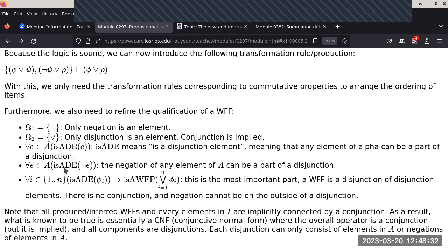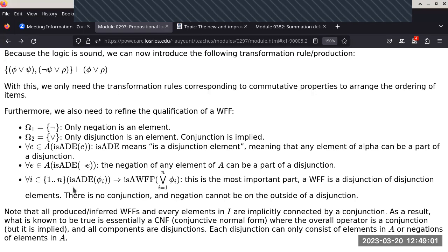All right. So with all of that done, we have this notation here. Once again, it is important to know how to read universal quantifiers, because in this case, I basically say, assuming we have a set from 1 to n, 1, 2, 3, all the way up to n, and i is an element, for every element i in the set of 1 all the way up to n, if phi of i is a disjunctive element, in other words, I have n disjunctive elements.